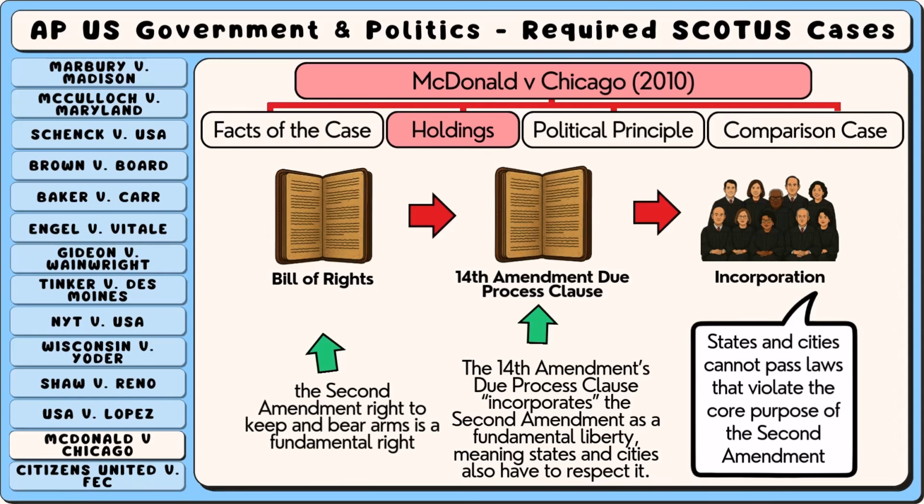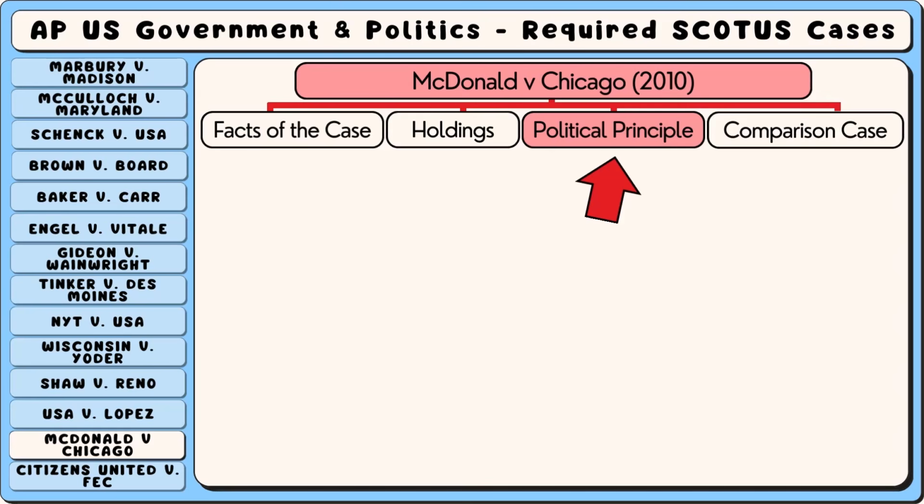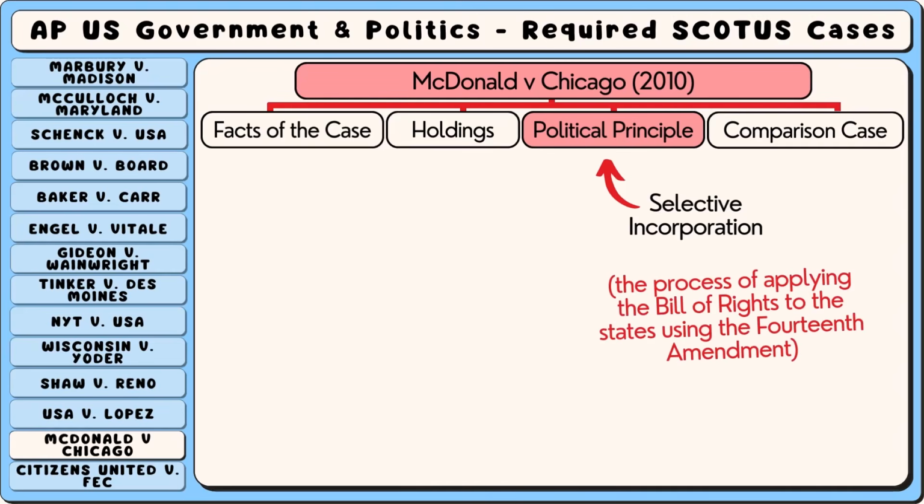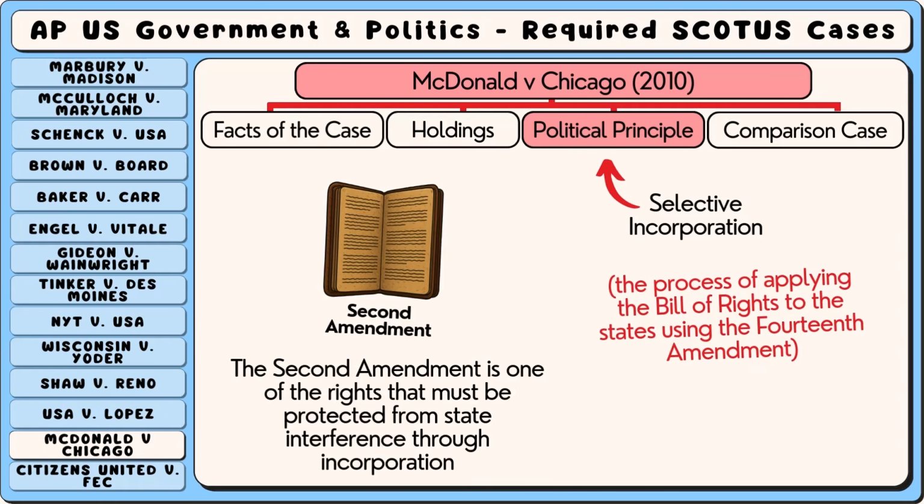This means that states and cities cannot pass laws that violate the core purpose of the Second Amendment, which is the right to keep a weapon. Now let's look at the political principle behind this case. The central idea is selective incorporation, which is the process of applying the Bill of Rights to the states using the 14th Amendment. The McDonald versus Chicago case confirmed that the Second Amendment is one of the rights that must be protected from state interference through incorporation.